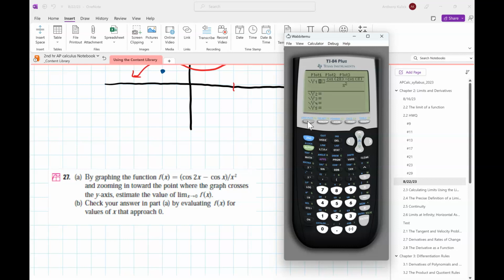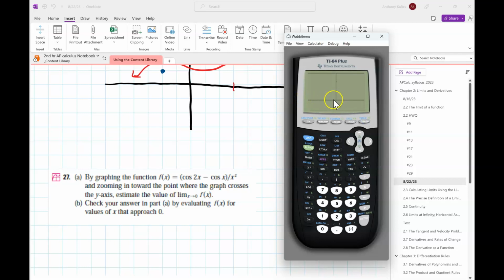I press alpha and then y equals and pick the first option. That's a handy shortcut, as that horizontal fraction bar makes life way easier typing stuff into your calculator because you don't have to go parenthesis crazy.